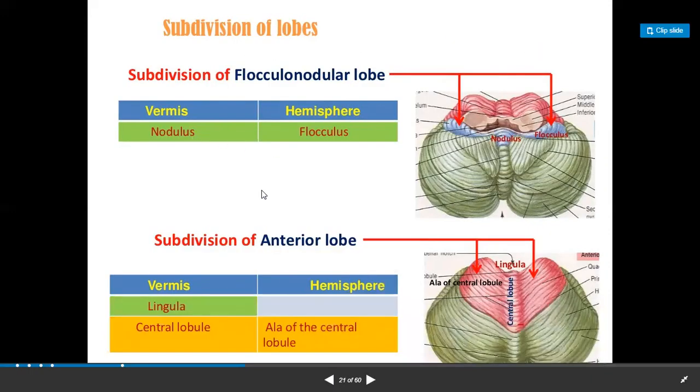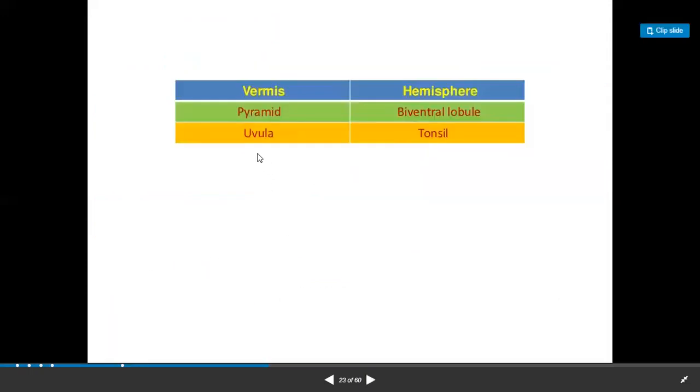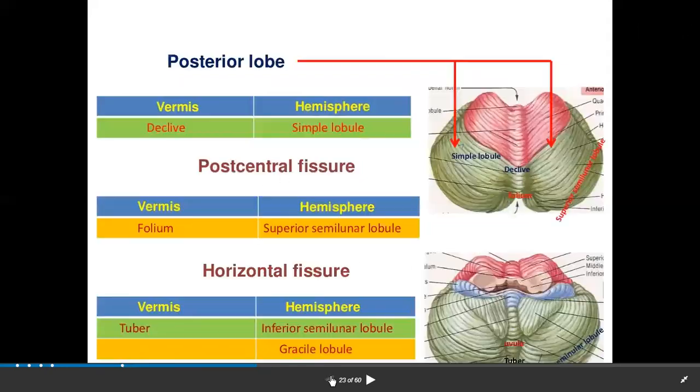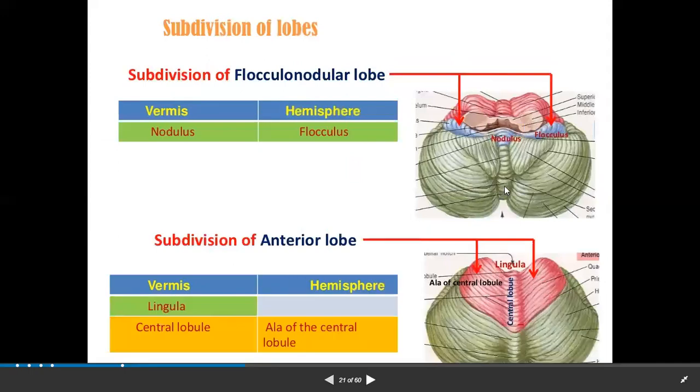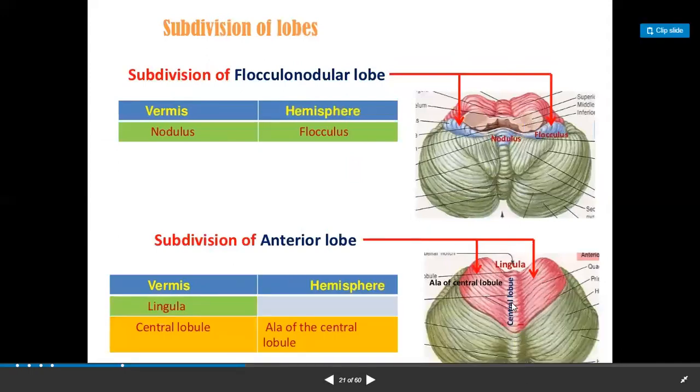LCCD, okay. So LC: lingula, central lobule, culmen, declive, then folium, tuber. Then you have pyramid, uvula, and nodule. So LCCDFTPUN are the names given to the subdivisions of vermis.